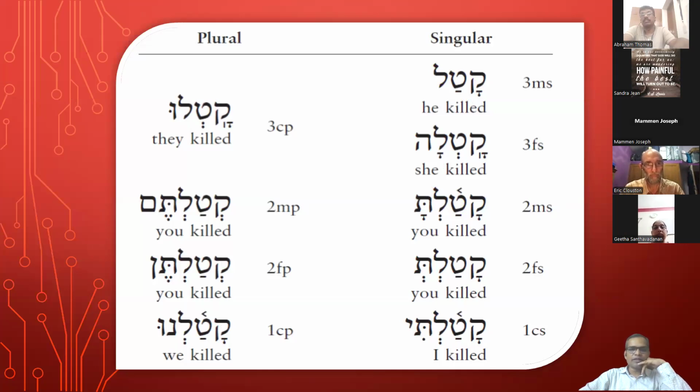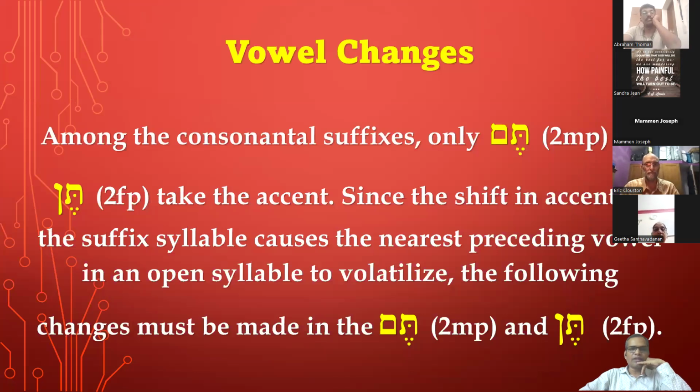That is because of the presence of a separate syllable at the end, that is tem and ten. Among the consonantal suffixes, only tem and ten take the accent. The shift in accent to the suffix syllable causes the nearest preceding open syllable to undergo the vocalization process.